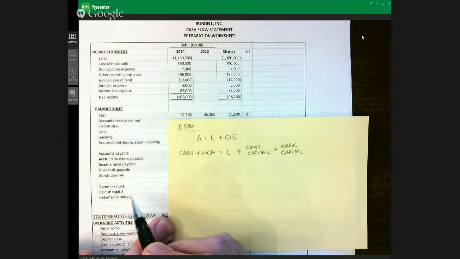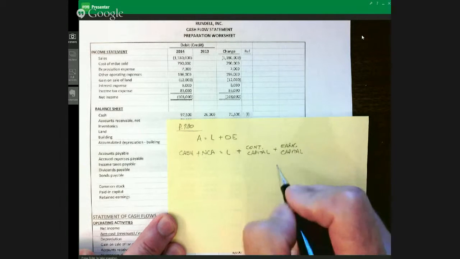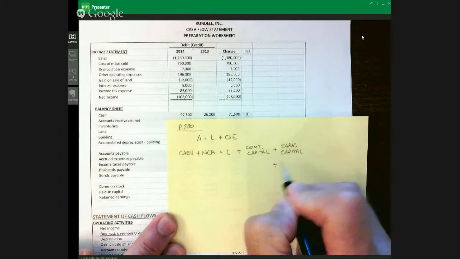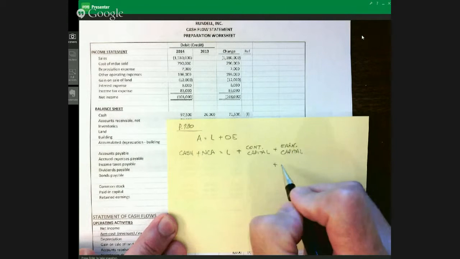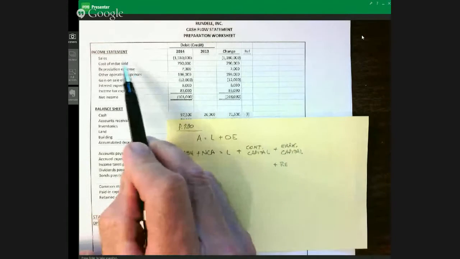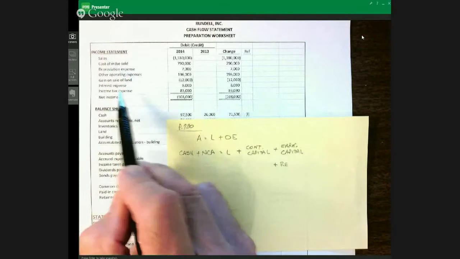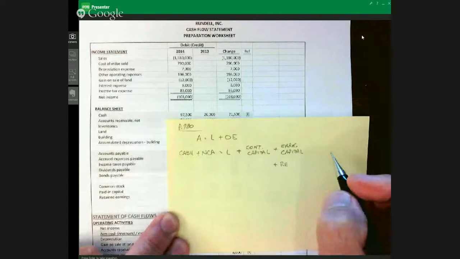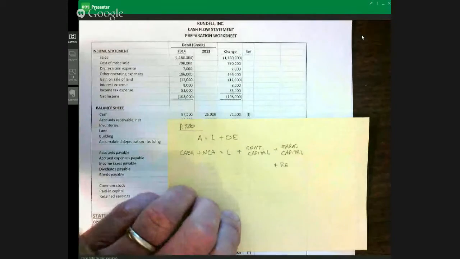Now let's take another look at retained earnings. What causes retained earnings to go up or down? Well, retained earnings comes from the net income, and net income has its source in the income statement, which represents sales less all of the expenses.